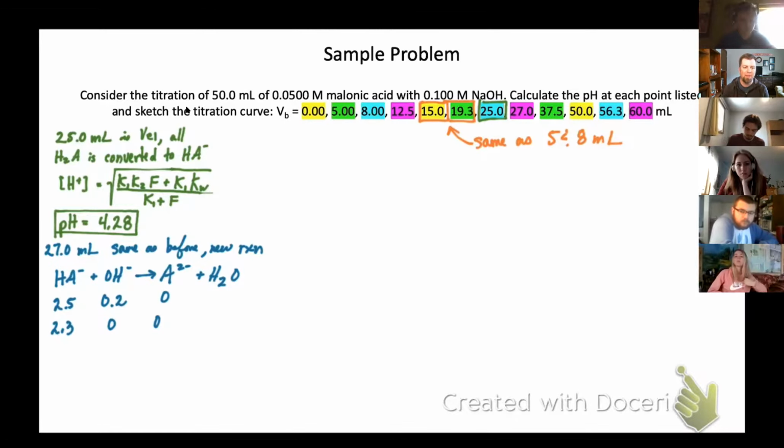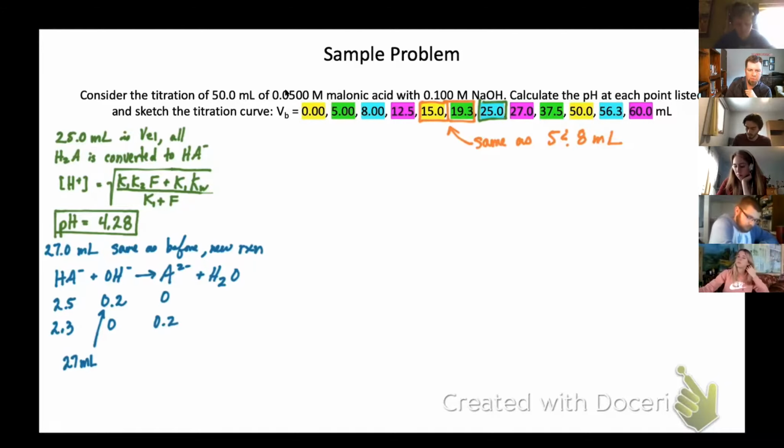So I set up another rice table to do some accounting work here. We're all becoming great accountants, I know. Note here that we start out with the 2.5 millimoles of HA minus because that's what we started with at the very beginning of H2A. We've converted 100% of it to HA minus at the beginning of the second titration, that second reaction after the equivalence volume.